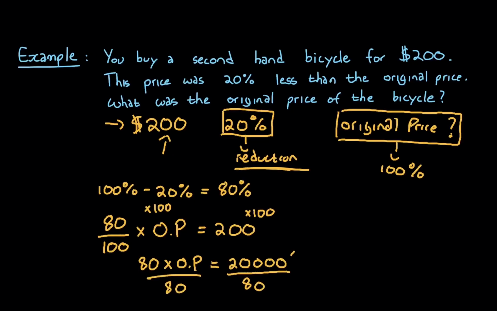So the original price that this question is asking you to find will be, let's cancel out these zeros, 2,000 divided by 8, and you get 250. So the original price that the person bought it for was $250.